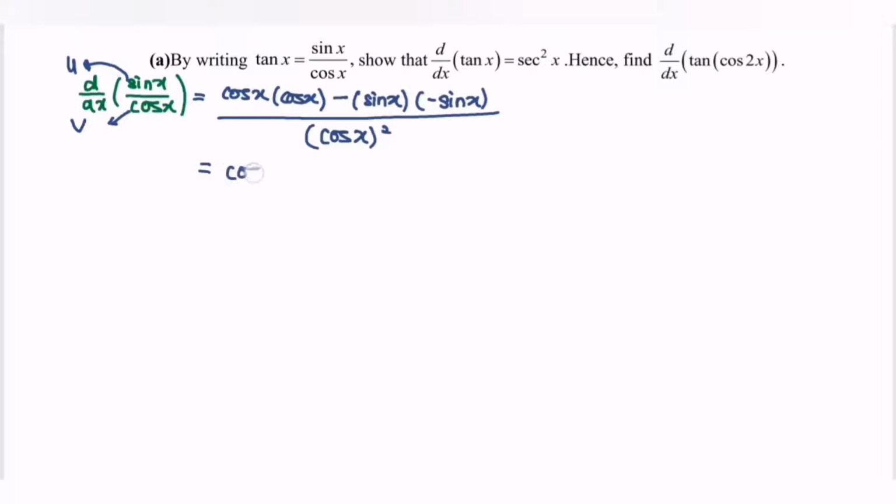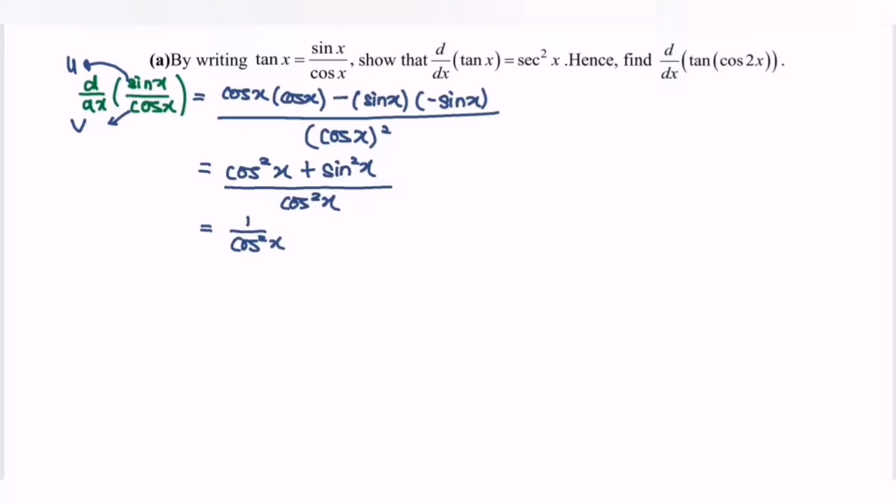Expanding, we have cos square x plus sine square x over cos square x. As we all know, based on the basic identity in trigonometry, cos square x plus sine square x is equals to 1. So finally, we have 1 over cos square x.